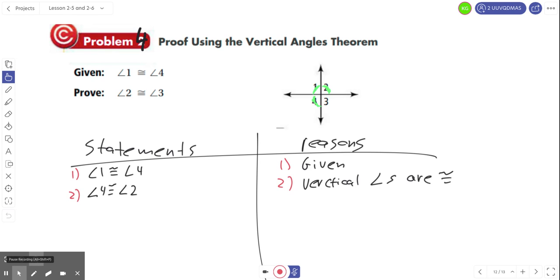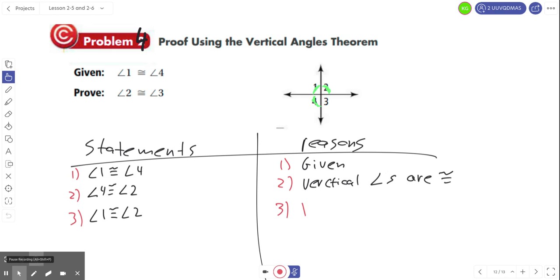Here we go. So for step 3, if I know that 1 is congruent to 4 and 4 is congruent to 2, then it follows by the transitive property that angle 1 is congruent to angle 2. So now I just need to show that angle 3 is congruent to angle 1, and I'll pretty much be there.